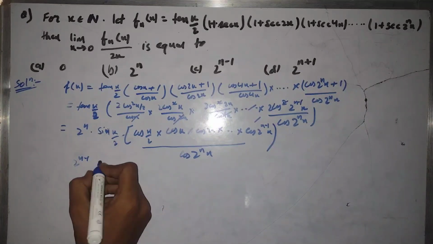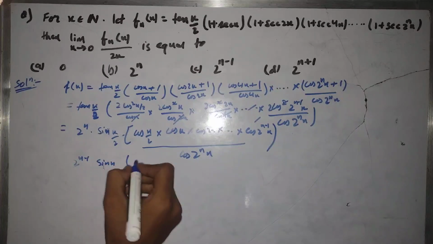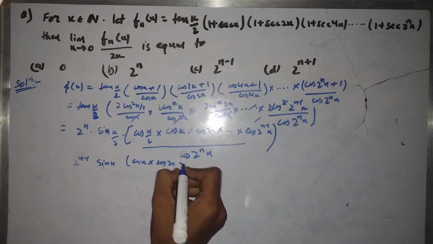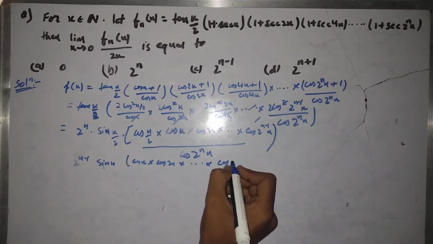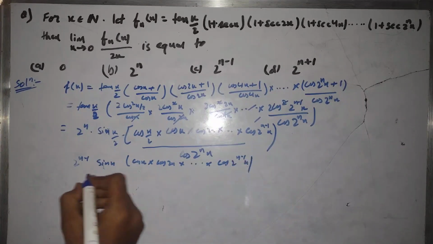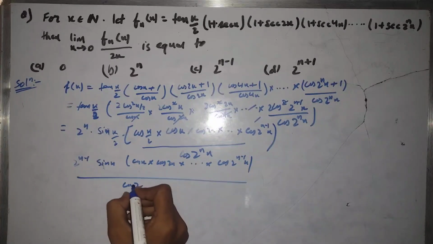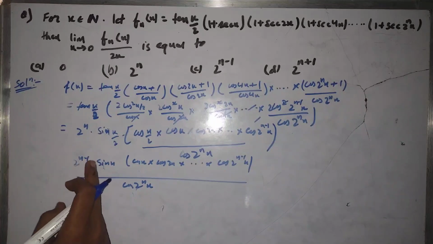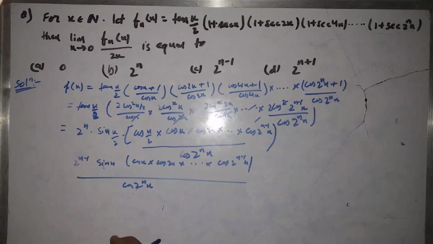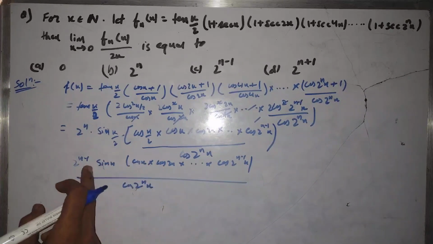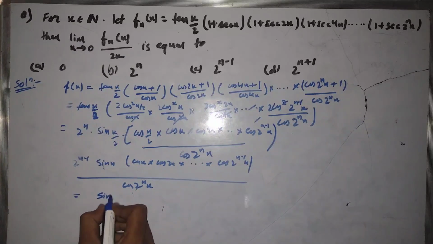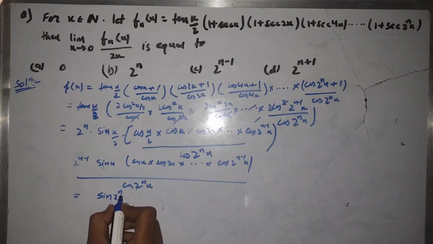This is 2 sin x by 2 into cos x by 2, which is sin x. And again here cos x and cos 2x all the way up to cos 2 to the power n minus 1 x. Every time you multiply by 2 here, you again get sin 2x, and sin 2x into cos 2x with 2 is sin 4x. So all the way it goes up to sin 2 to the power n x.